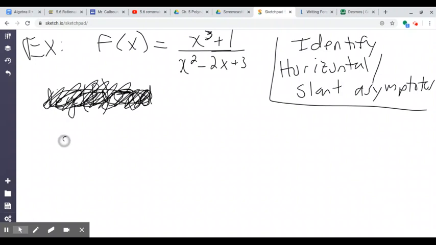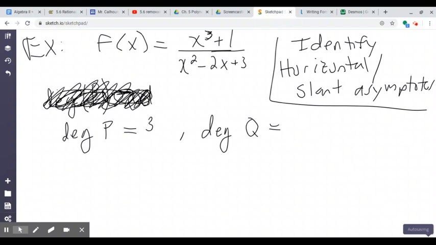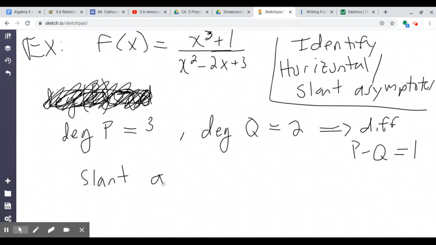It turns out that the degree of the numerator, p, is equal to 3. The degree of the denominator, q, is equal to 2. So that means that the difference between the degrees of p and q is 1. So that means that we're going to have a slant asymptote.